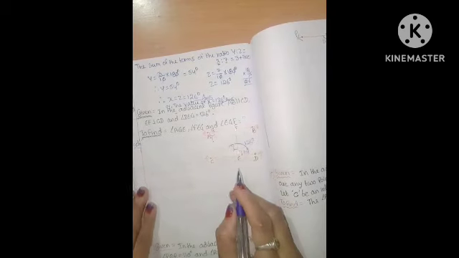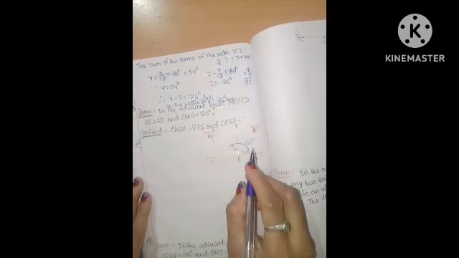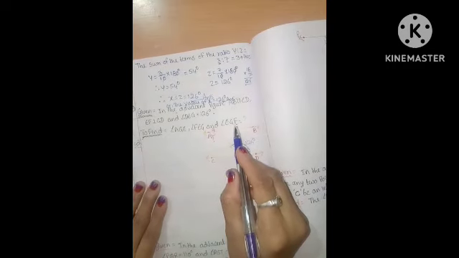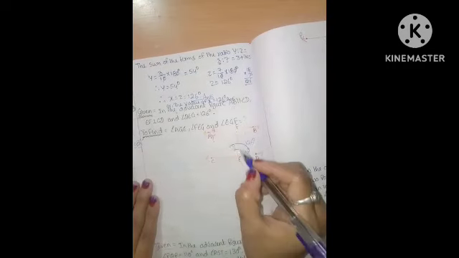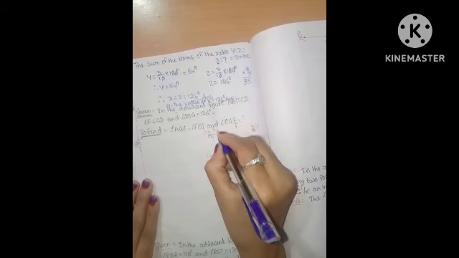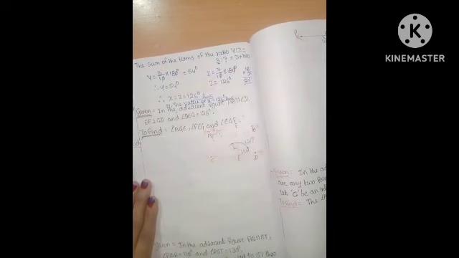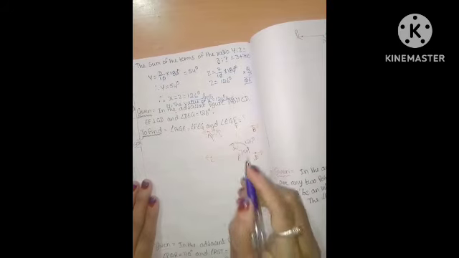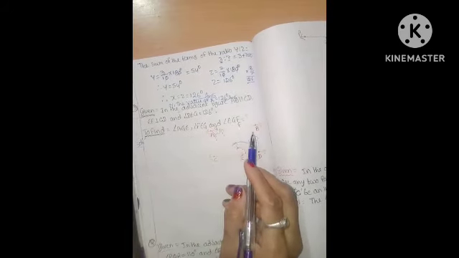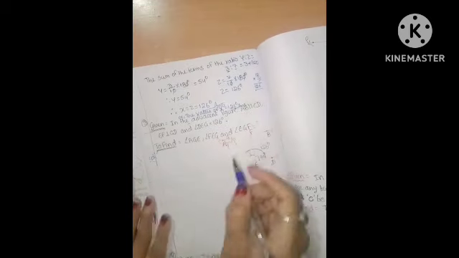Tell me the answer. 126 angle is given. Next, angle EGF. How to calculate this angle? These three angles, how to calculate them, one by one only.